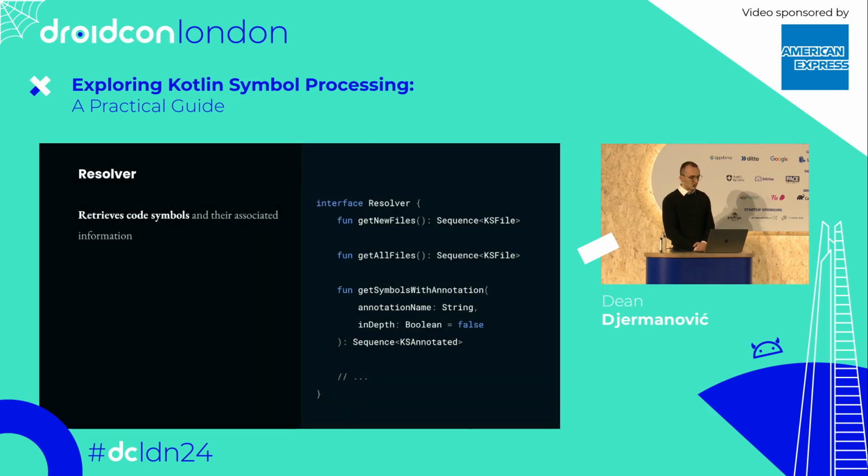When it comes to this symbol processor, the resolver is the main component. Resolver retrieves code symbols and their associated information. For example, we can use getSymbolsWithAnnotation on the resolver instance to get all of the symbols that are annotated with a specific annotation. Usually the first line of most processors is likely going to be a call to some method on the resolver instance.